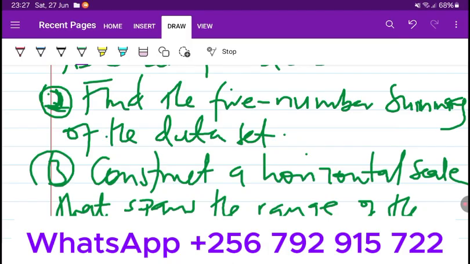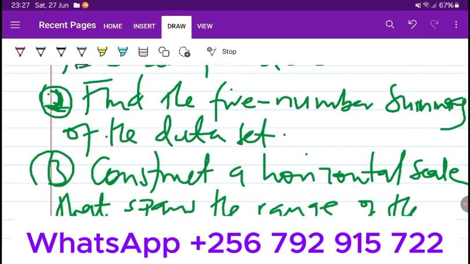Just like the way you construct a number line, you draw a horizontal line, but you make sure that this line covers the entire data set.